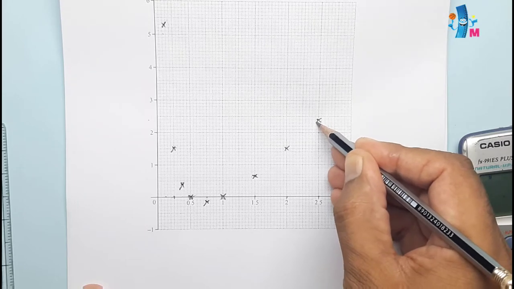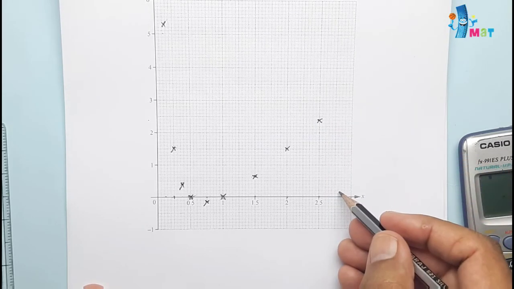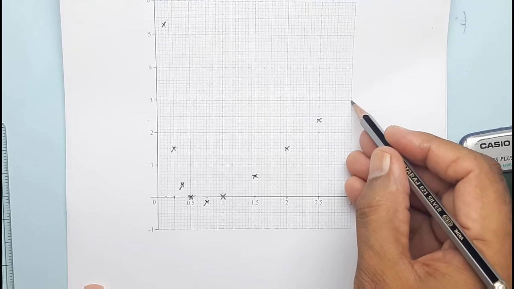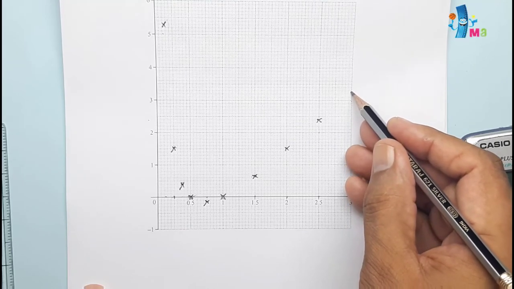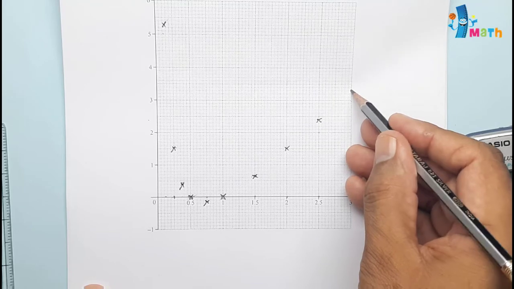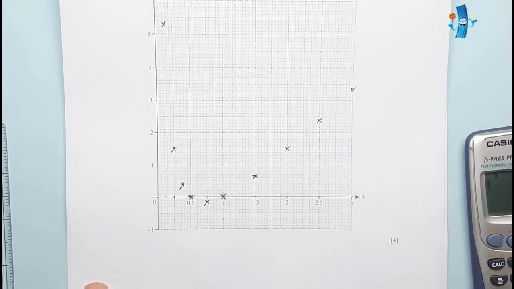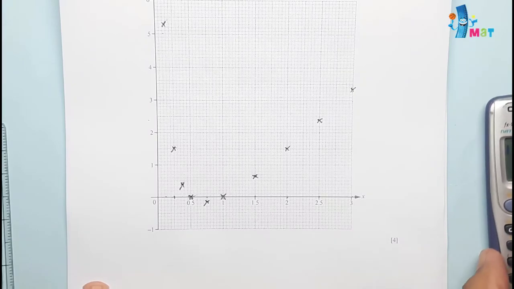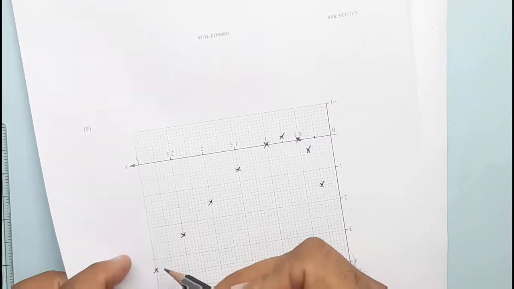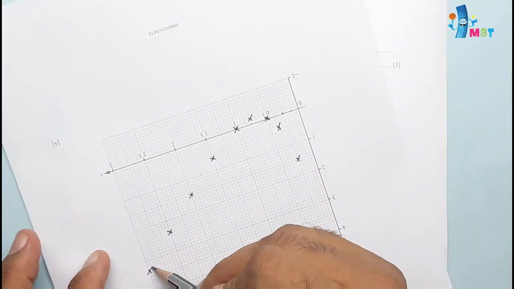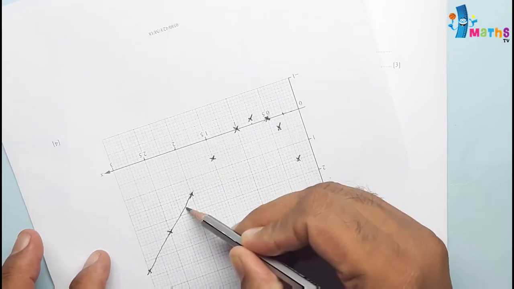The last value is 3 and 3.33, which will be this one, so we can put a cross over here. Now we have to draw a smooth curve. To draw the smooth curve, we can draw like this.